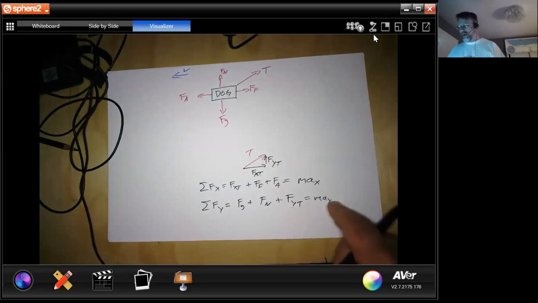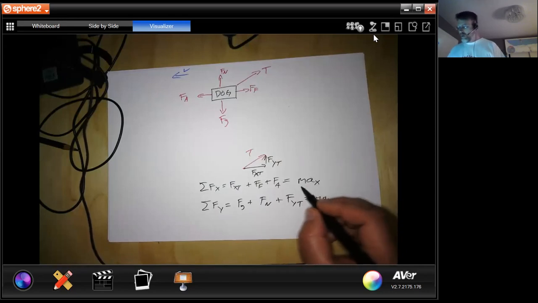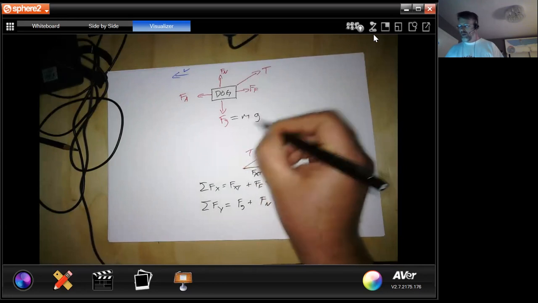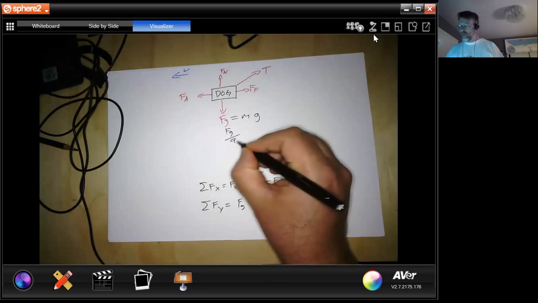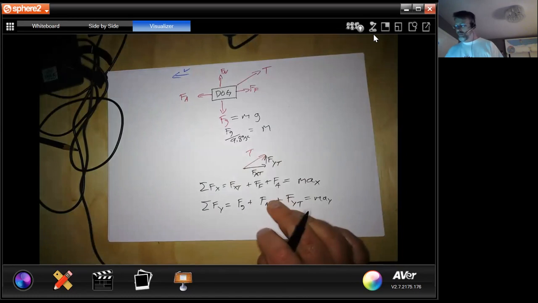Well, now we have a non-zero acceleration. And once again, if they don't tell you m, then we can solve for it by taking our force of gravity divided by 9.8. That will give us our m.